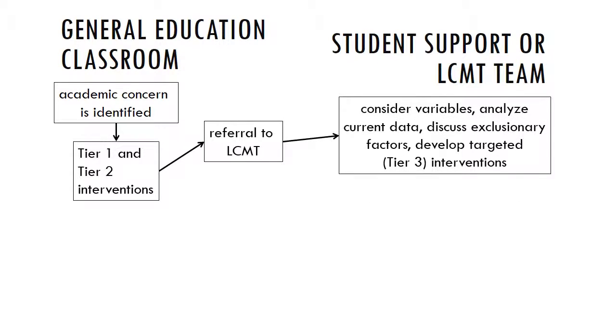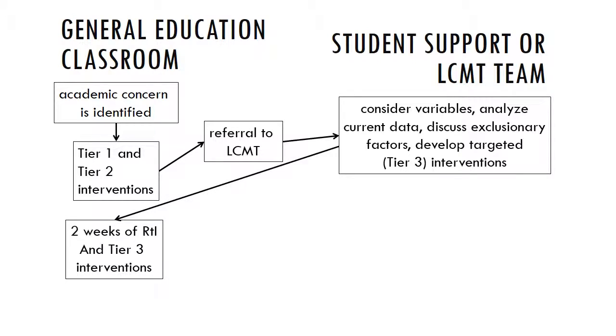The general education teacher collaborates with the local case management team to consider variables, analyze current data, discuss exclusionary factors, and develop targeted Tier 3 interventions. The Tier 3 interventions, or response to intervention, is implemented for about 2 weeks.